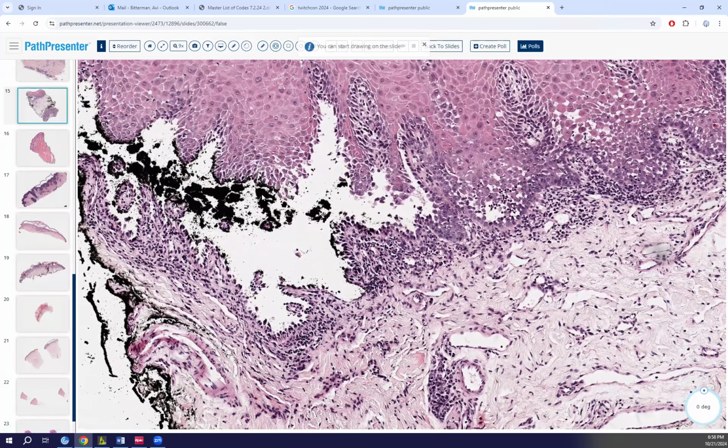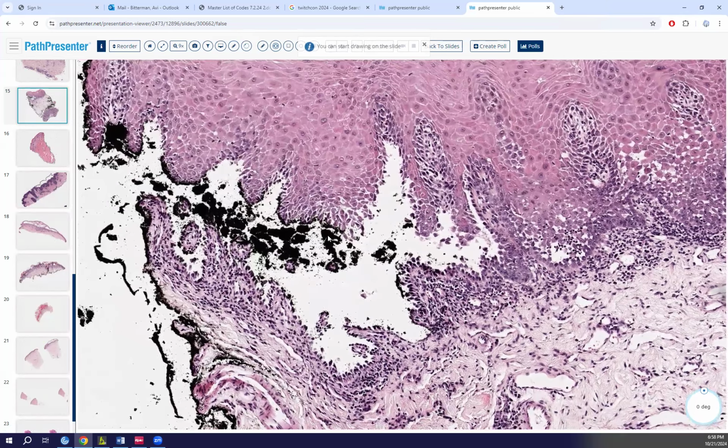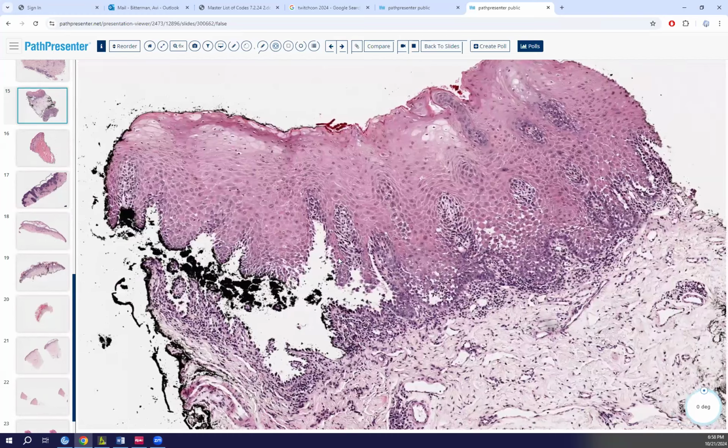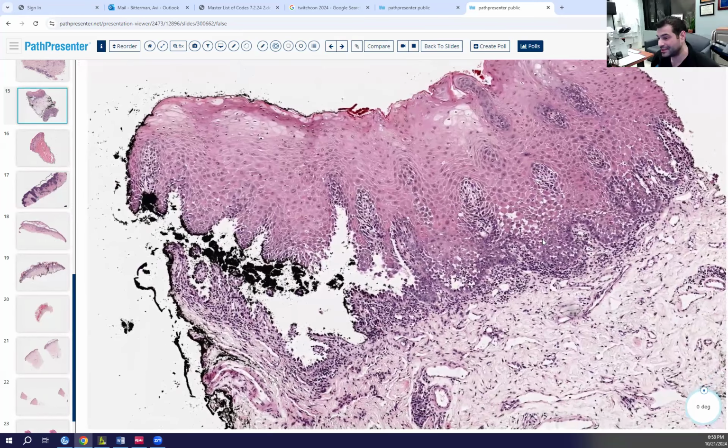Is this like mucous membrane pemphigoid? Or pemphigus, because pemphigus can affect the mucous membranes. Well, does pemphigus affect mucous membranes, guys?